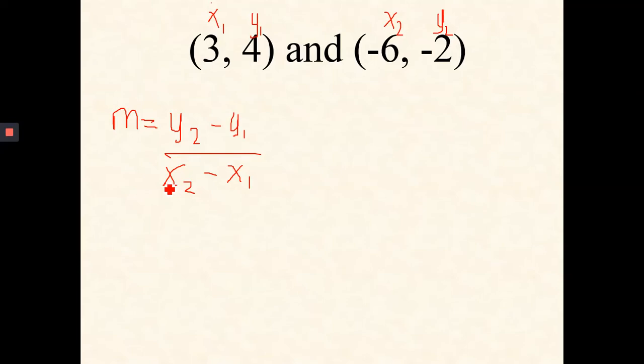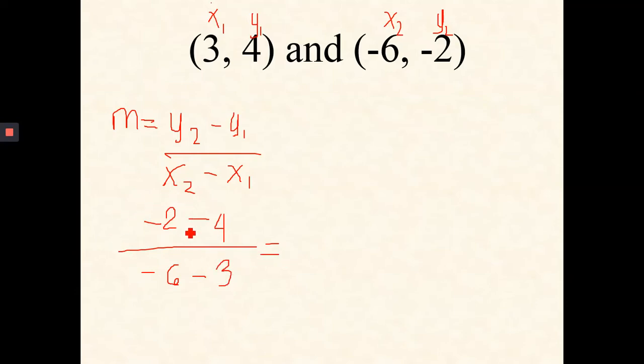Okay? And then after that, we are now going to plug in. What is your y sub 2? That is negative 2. Minus your y sub 1 is equal to 4. Over your x sub 2 is negative 6. Minus your x sub 1 is 3. Okay.